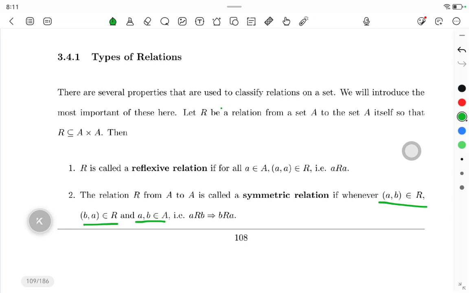Always we should take those elements from a certain set. And this means that, remember, (A, B) an element of R means that A is related to B, and also (B, A) an element of R means that B is related to A. So that would be the symmetric relation.